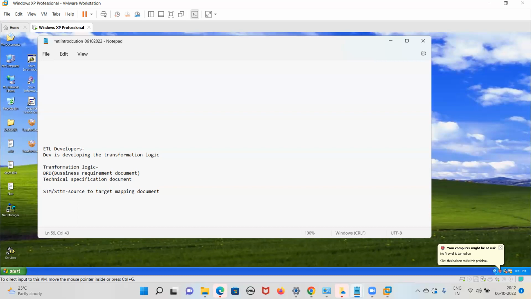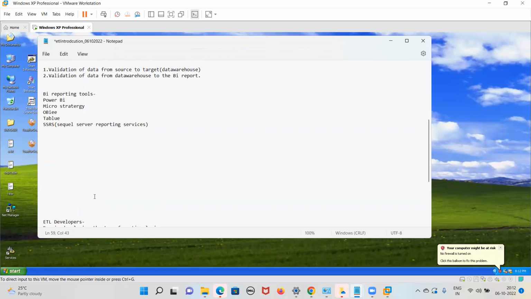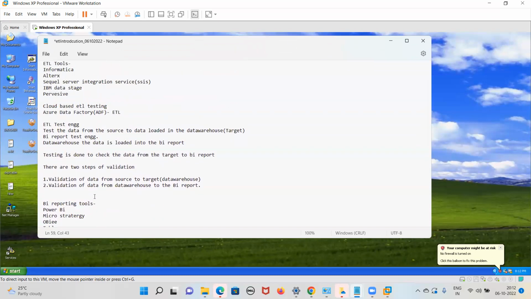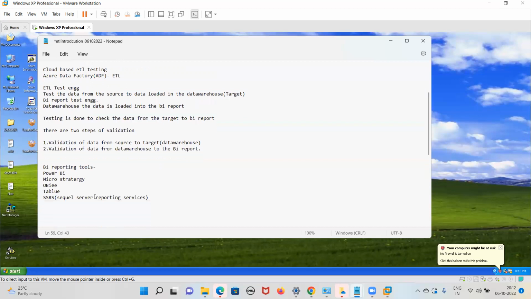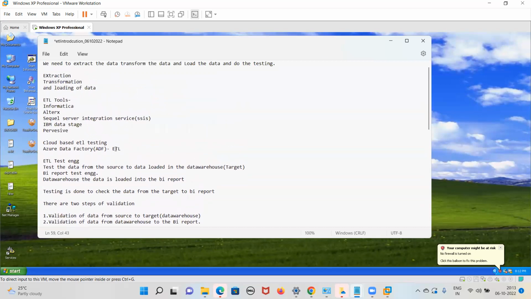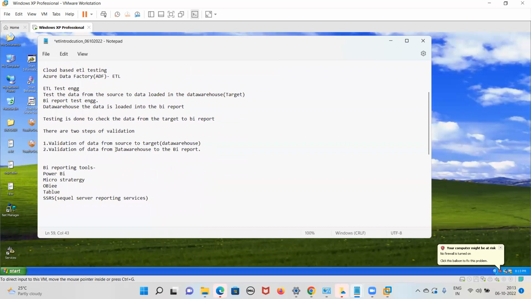So all these things the developer will develop, and our job is to check the data which is loaded from the source system to the target system, that is the data warehouse, and from the data warehouse to the BI report. Now, after this, what we have to learn in ETL testing is the ETL architecture.